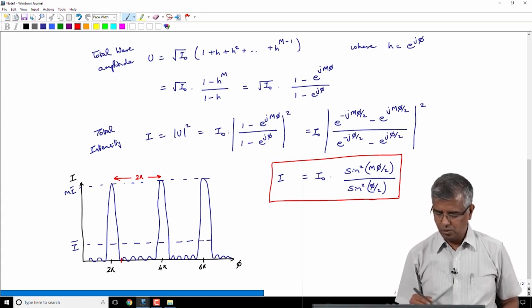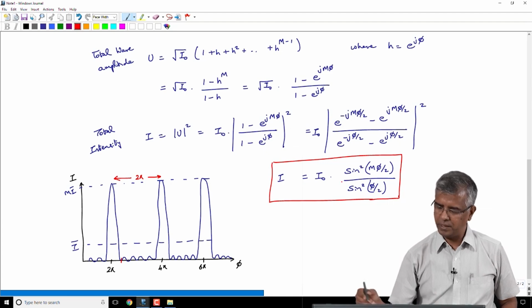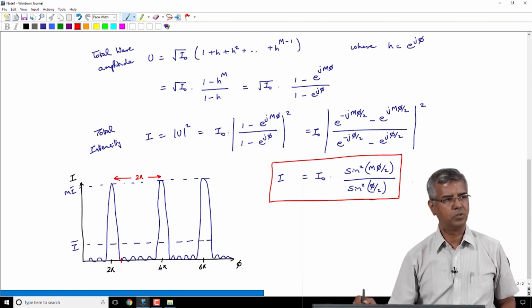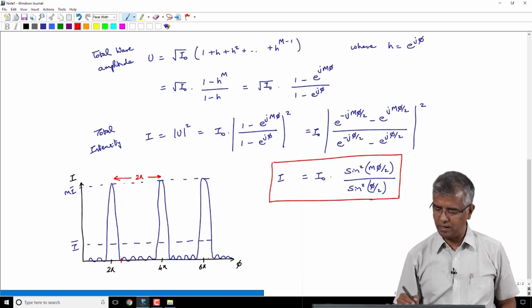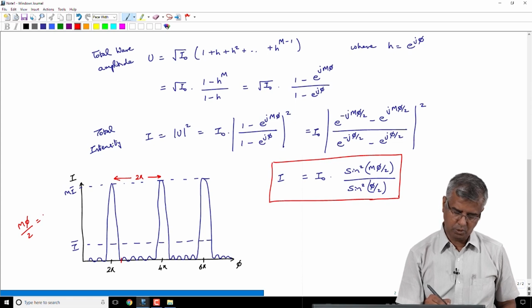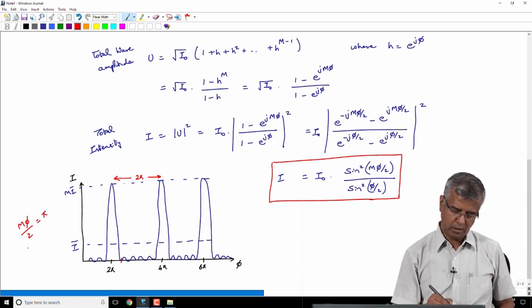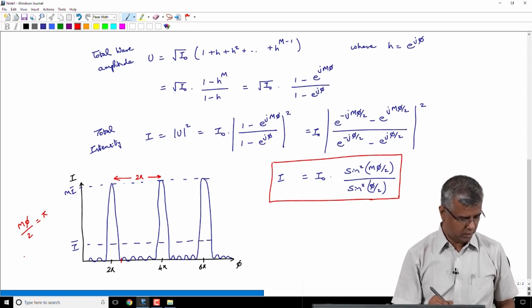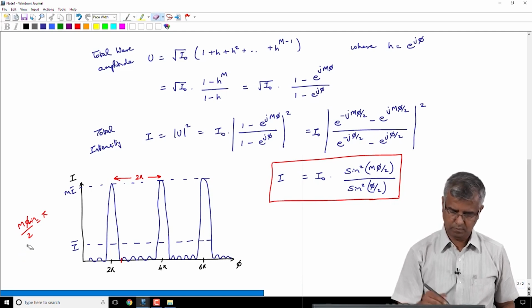So, if you look at that, if you equate the total intensity to 0, and try to figure out what is the value of phi where this is going to 0, you will find that that happens when m phi by 2 equals pi, in other words phi minimum would correspond to 2 pi over m.